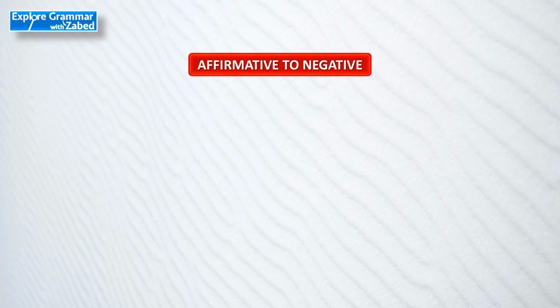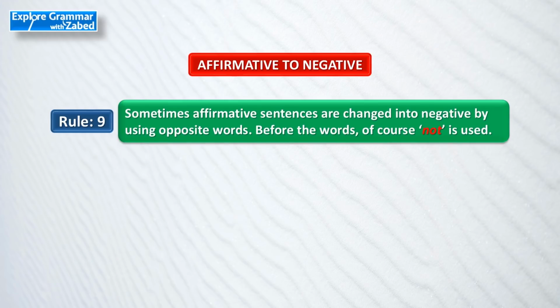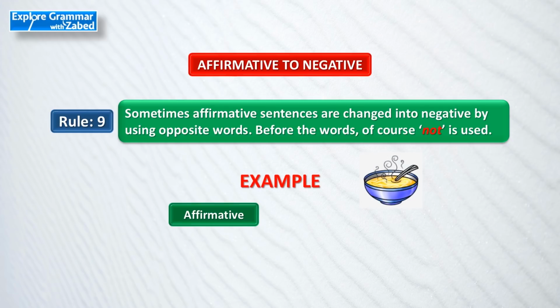Moving on with the next rule. Sometimes affirmative sentences are changed into negative by using opposite words. Before the opposite words, of course, not is used. Let's try to follow this with the help of an example. The soup is hot.